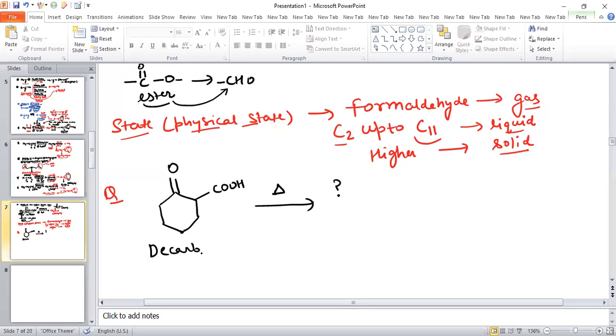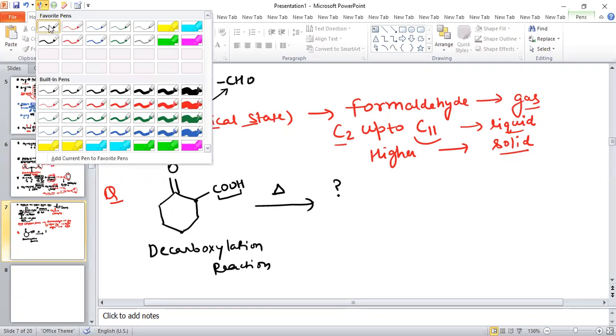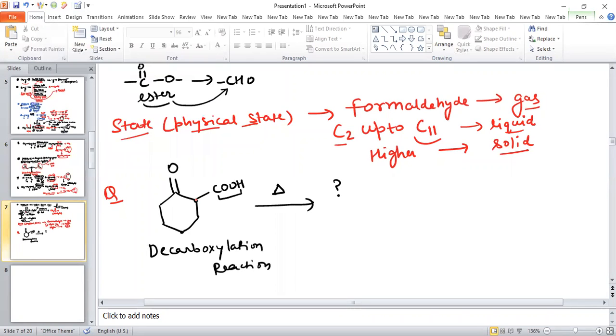In decarboxylation, the COOH group is present at this carbon, which we call the alpha carbon, and this is the beta carbon.